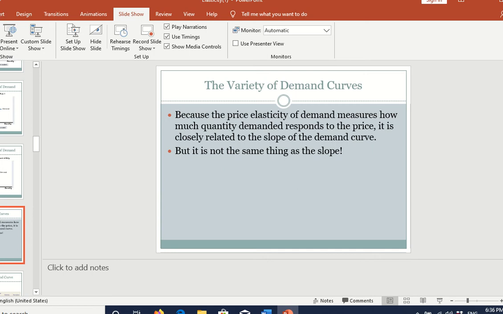If you look at the formula closely, the price elasticity of demand is closely related to the slope of the demand curve, but they are not exactly the same thing. When you look at both formulas, they are not exactly the same.